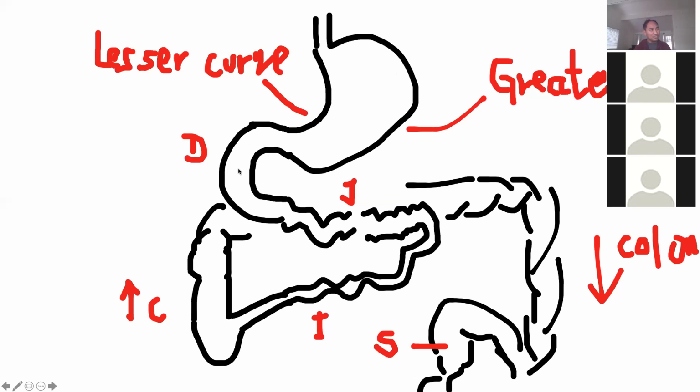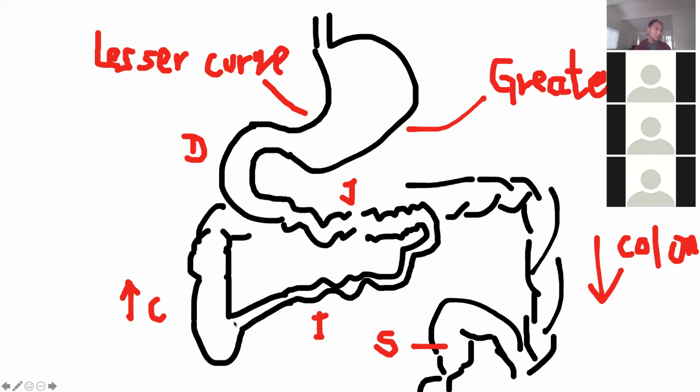Duodenum is a C-shaped loop, and then it will be followed by jejunum, J-E-J-U-N-U-M, and jejunum will be followed by ileum, I-L-E-U-M, and then ileum will become the cecum, which is the beginning of the large colon.